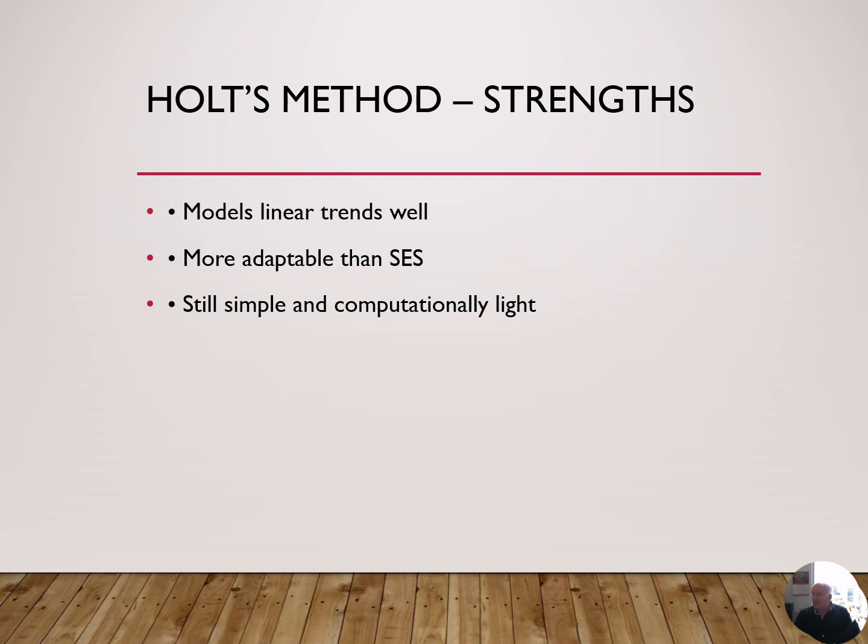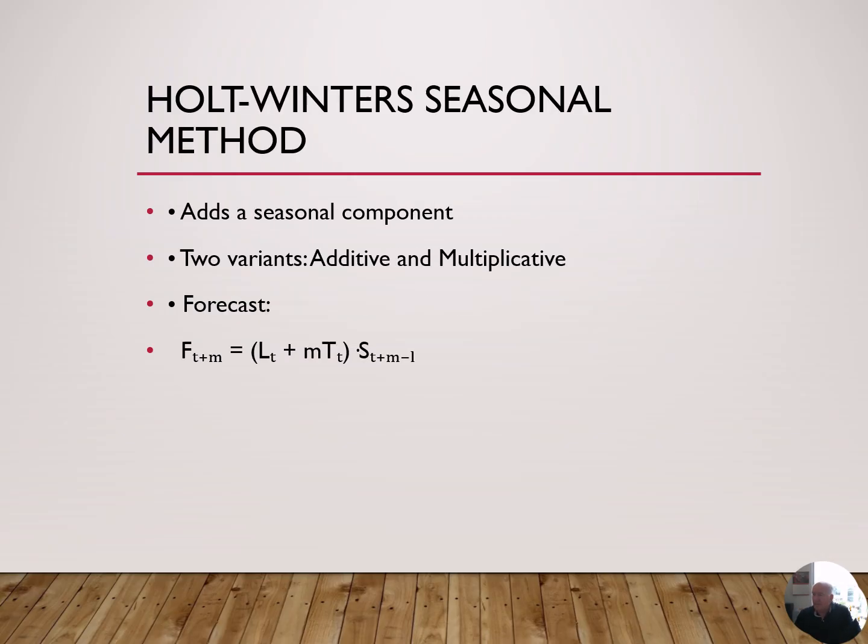So the Holt method, the strengths are that it models linear trends well, and it's more adaptable than SES, and it's still simple and computationally light. The Holt-Winters method adds in seasonality, so it adds a seasonal component, and it has two variants, additive and multiplicative, and it forecasts using those components.